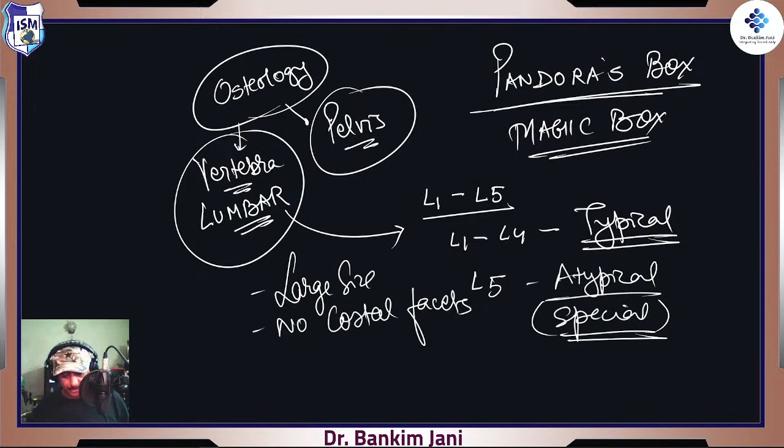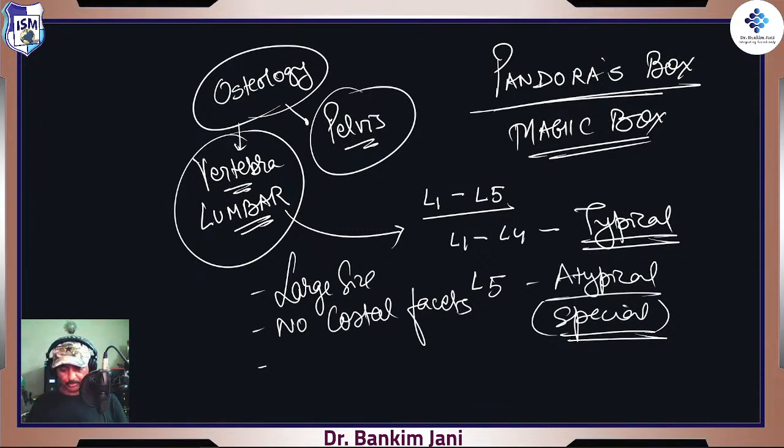One more important thing: when we discuss the head and neck, that is the cervical vertebra, there is the transverse process. In that transverse process, there is a foramen through which the vertebral artery goes.